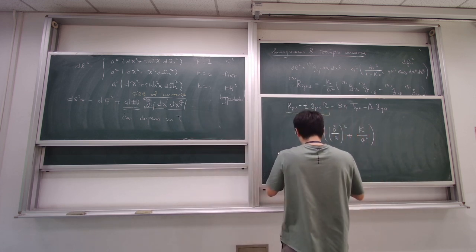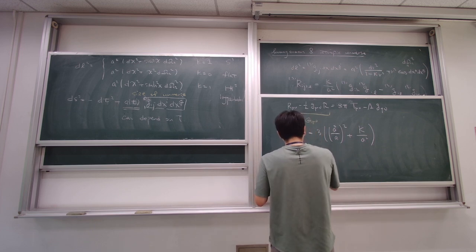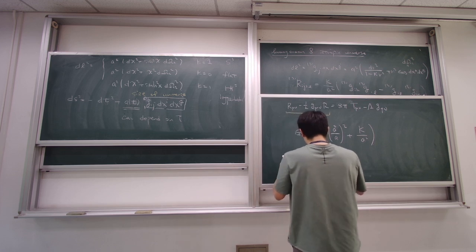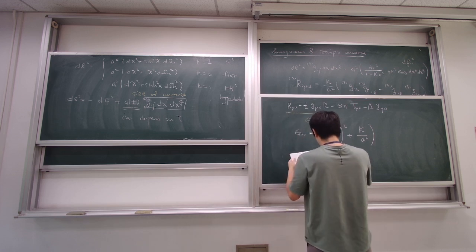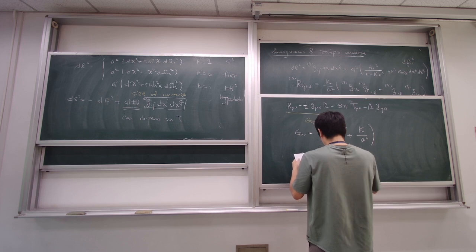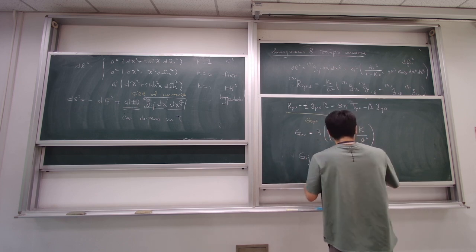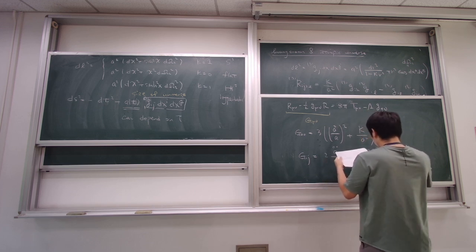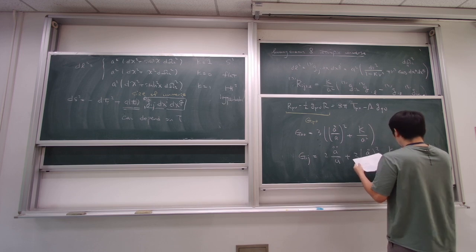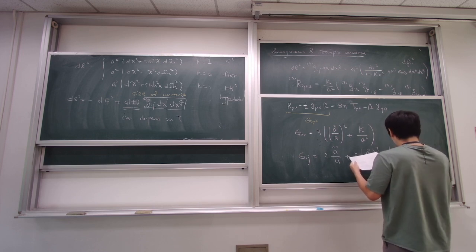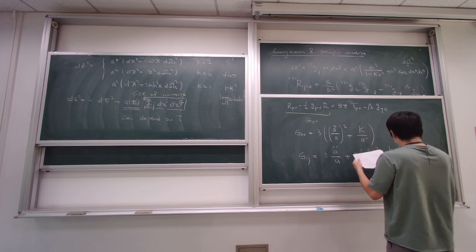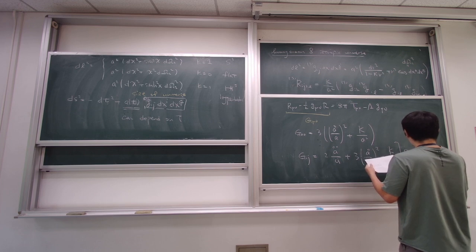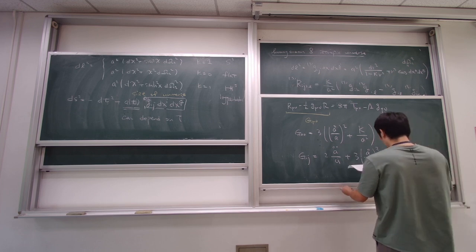Okay. And the Gij part can be written as follows: minus (2 a double dot over a plus (a dot squared plus k) over a squared) times g_ij.